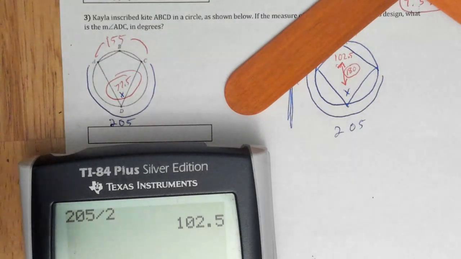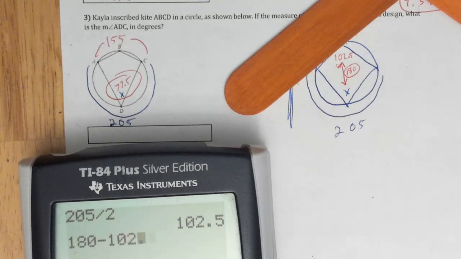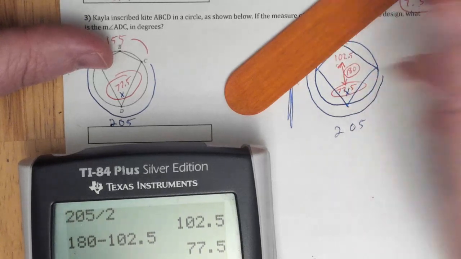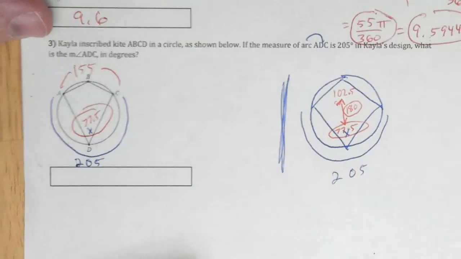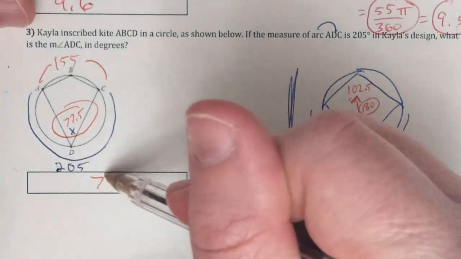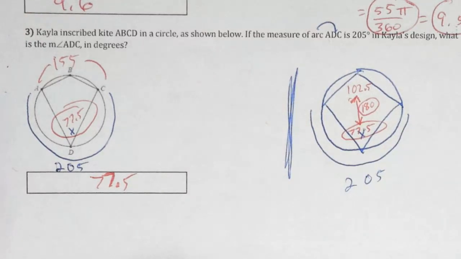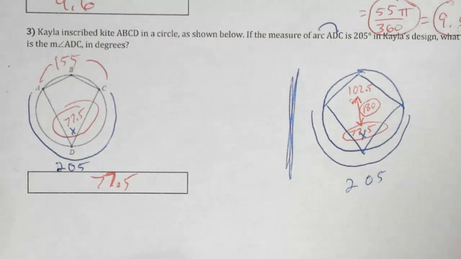So if those two right there make 180 degrees, so 180 minus the 102.5, and look at that, I'd be left with 77.5. So those are 2 different ways how to find this. Zoom in just a little more here. And the answer was 77.5. And that's the answer, number 3. Okay, number 4.